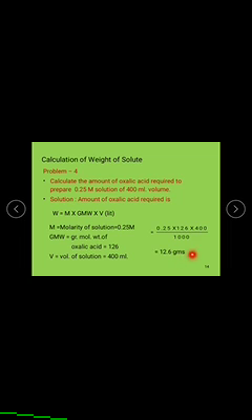On simplification we get 12.6 grams. 12.6 grams of oxalic acid is needed to prepare 400 ml of 0.25 M oxalic acid solution.